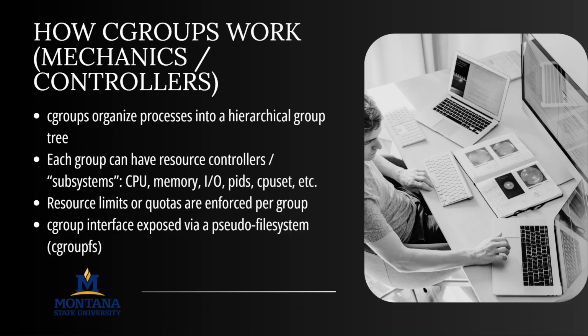The BLK IO controller controls disk throughput, which is important when multiple services share SSDs or cloud storage. Together, these controllers allow the operating system to act almost like a resource accountant, measuring, controlling, and enforcing limits predictably.